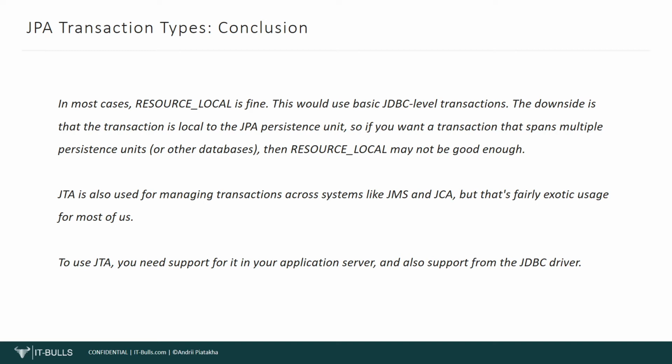JTA is also used for managing transactions across systems like JMS and JCA, but that's fairly exotic usage for most of us. To use JTA, you need support for it in your application server, and also support from the JDBC driver. So, let's get back to our persistence XML configuration.